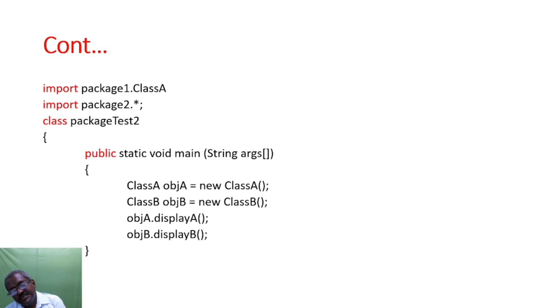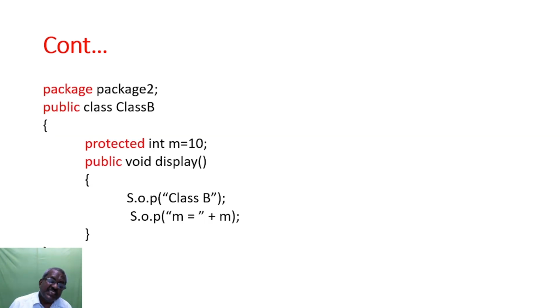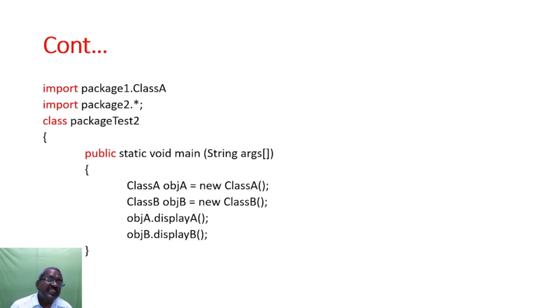Next, class B. Then, as in the previous slide, the second line of the display method in class B prints m, that will be 10. So for the first main method you will have one line saying class A. For the second main method we will have 3 lines: class A, class B and 10. These are the 3 output lines.